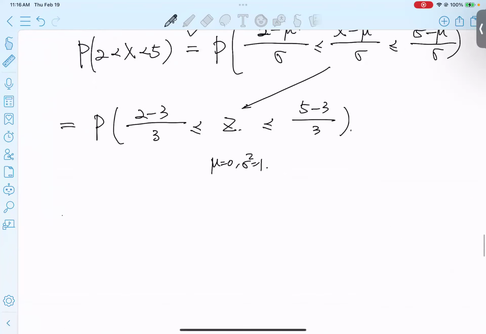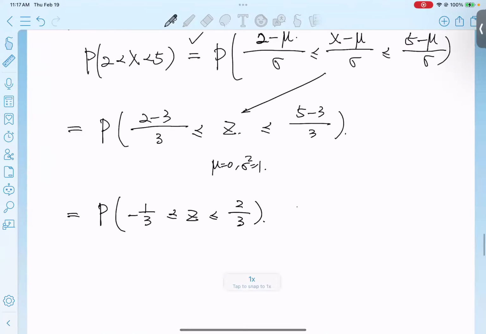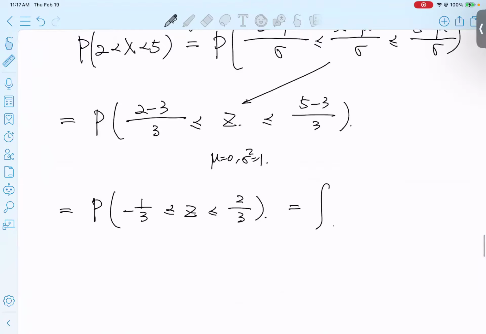Then you are calculating the probability of negative 1/3 less than Z less than 2/3. If you want, you can also use the integral to calculate that, dz, but again, it is difficult or not even feasible.